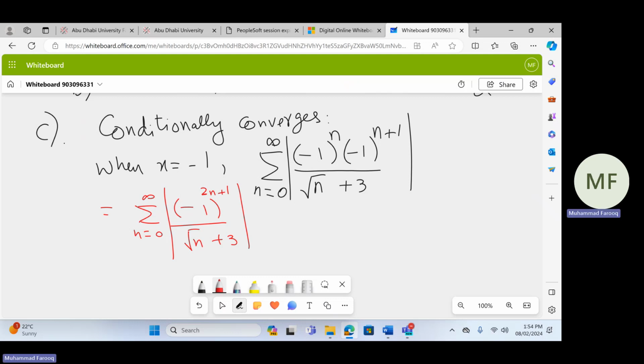And we know very well, -1 to an odd power is always negative, but what do you have outside? Absolute value. So it means the numerator is always positive. So you can write that because of this absolute value, my numerator is always 1.